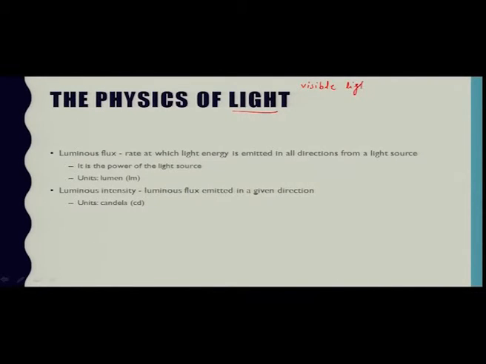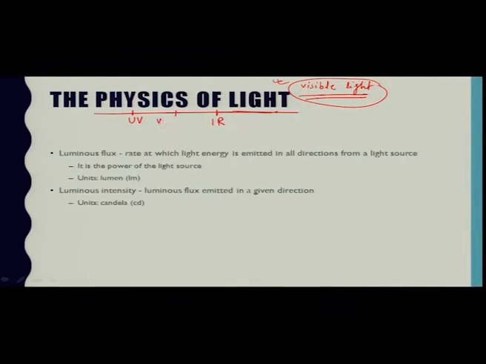since visible light is the only one responsible for visualizing our surroundings, we will confine our discussion to visible light throughout our lecture. Here you can see that visible light, if you plot the electromagnetic spectrum, lies in between UV and infrared radiation.